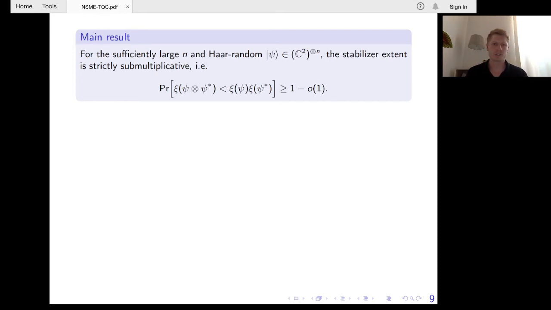What does this mean? If I want to compute the extent of psi tensored with its complex conjugate, then the probability that this is strictly smaller than the extent of psi times the extent of psi star is pretty close to 1. So it's 1 minus some small constant.